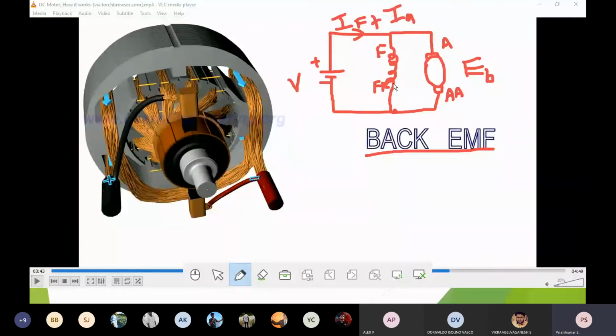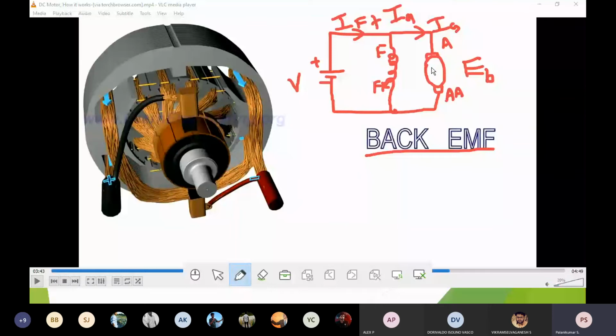So what is the resistance of this coil, and what is the resistance of this parallel branch? That decides the current. It has a field current, and here only the armature current will be flowing. This coil has a very high resistance, on the order of 200 ohms, so it limits the current to very little. But the armature coil has only a few ohms, from fractional to 1 ohm, 2 ohms.